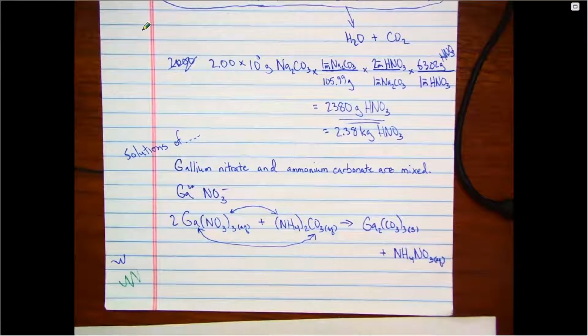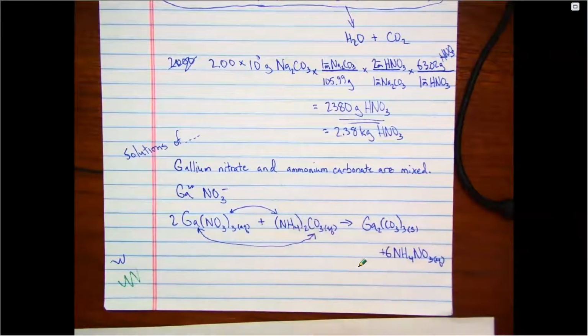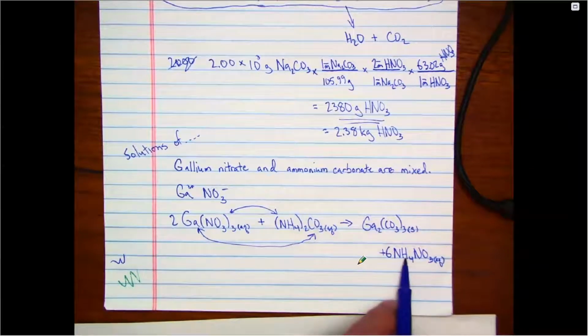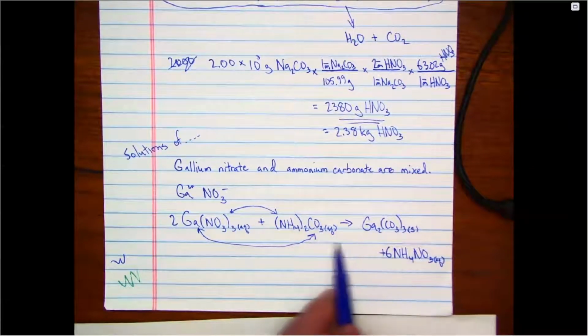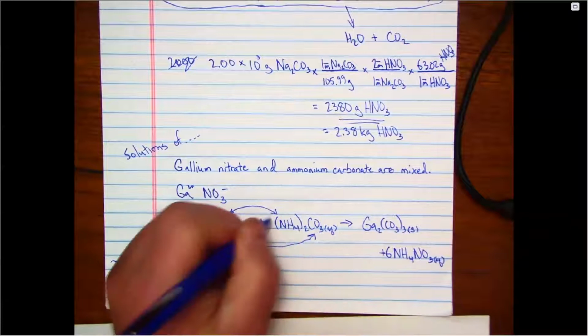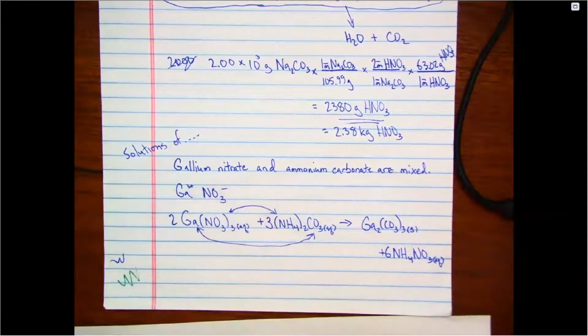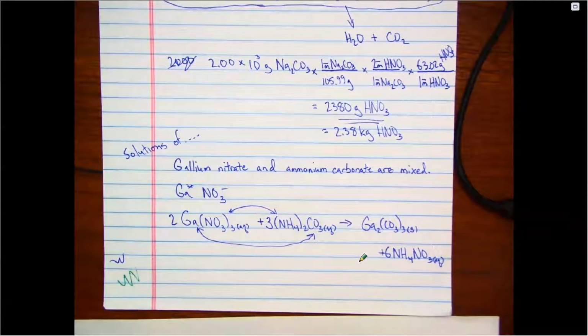Let's fix our galliums first. Now we have 6 nitrates on the left and only 1 on the right. We can fix that problem. Now we've got 6 ammoniums on the right and only 2 on the left. Let's fix that problem. And now we've got a balanced chemical equation.